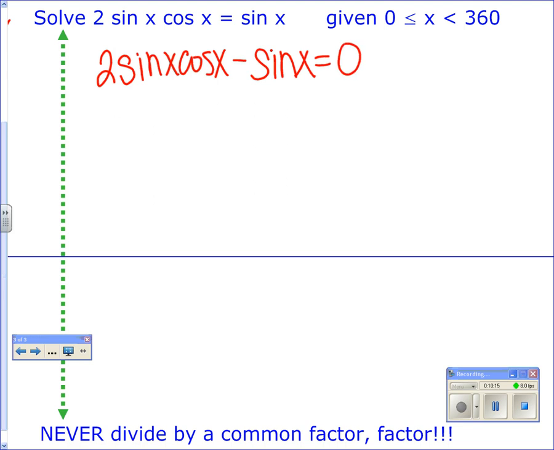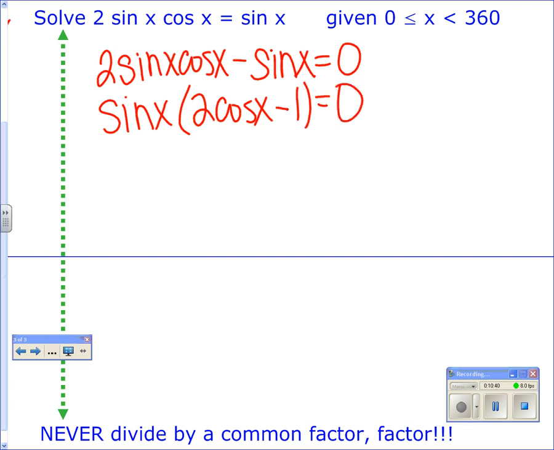Does that make sense? Yeah, you can factor out a sine. What do you have left? Does that make sense? Do y'all see how that works?